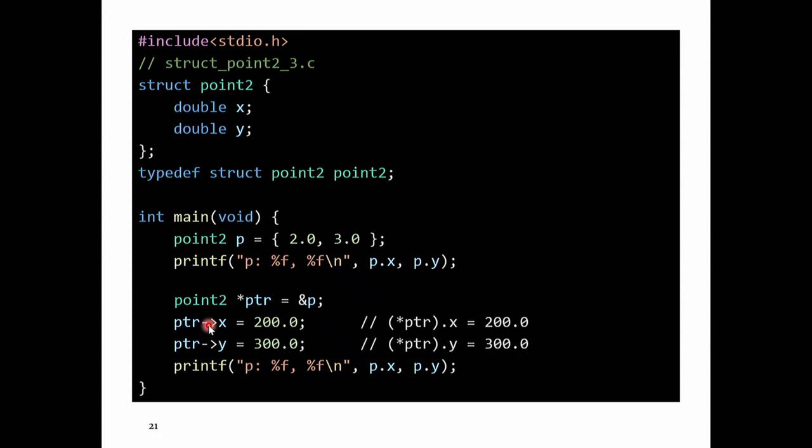So the arrow is just short form for this. If you want to, you can forget about this notation and just dereference the pointer whenever you need to. But it's generally more convenient to use the arrow operator in this case.